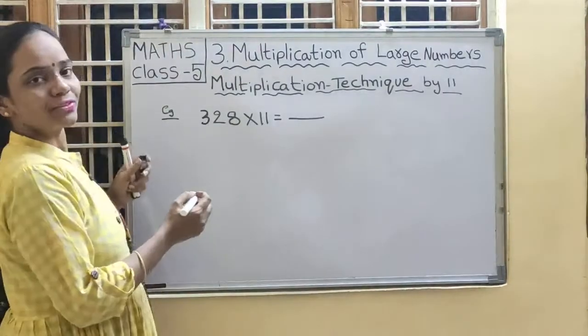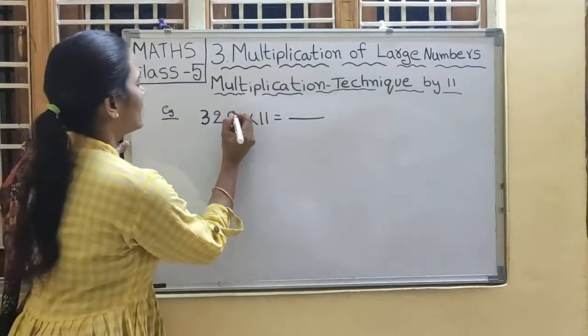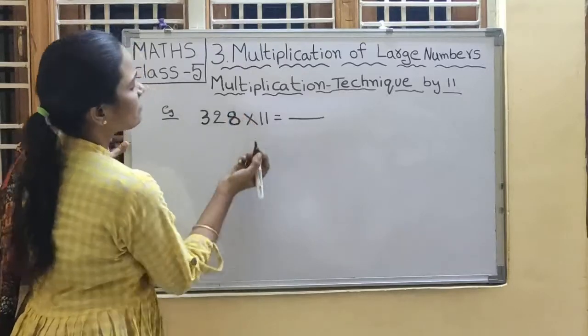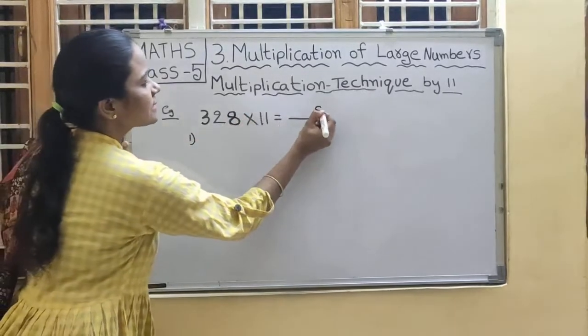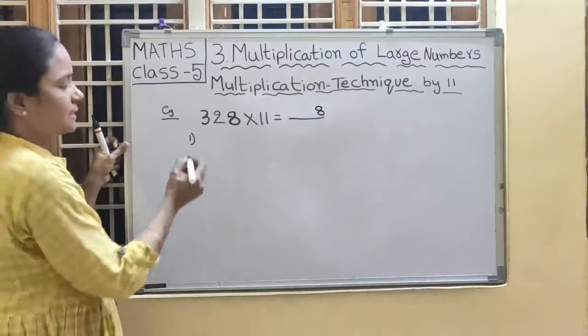So first what we have to do? Yeah, using techniques, what we have to do first? First step, write down the ones place digit as same. Okay, same.